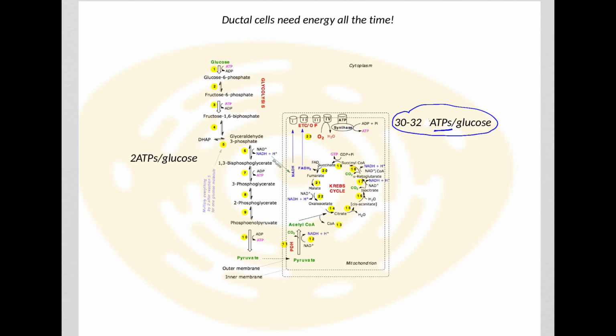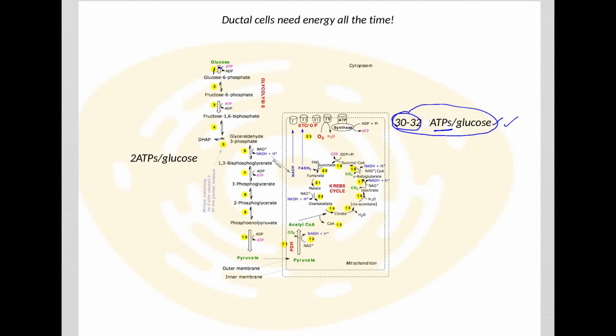So to get maximum amount of ATPs per glucose, that is about 30 to 32 ATPs per glucose, the glucose will have to go through different metabolic pathways. So let's trace these pathways that glucose has to go through in order to get maximum amounts of energy.